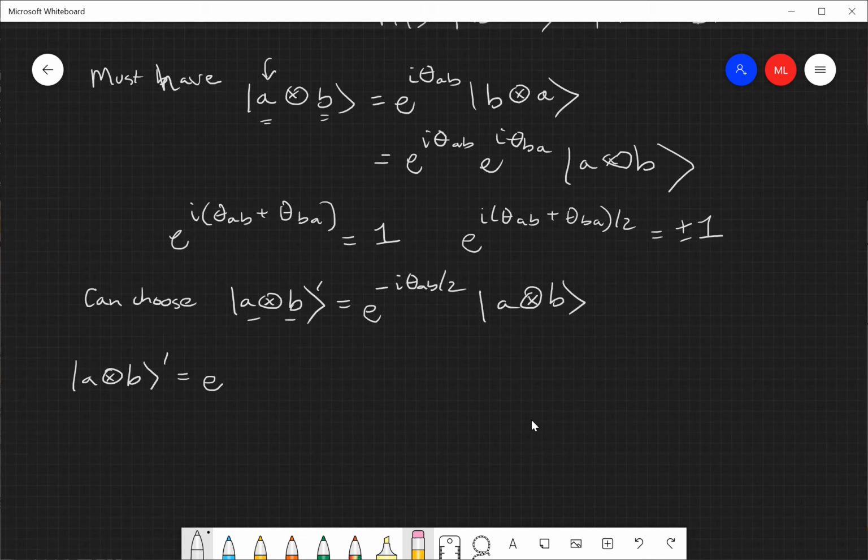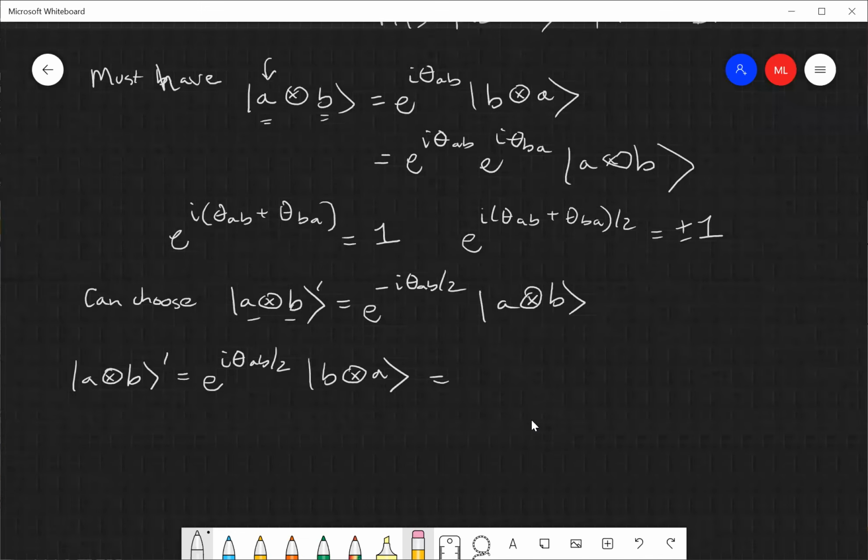So that combines with this theta AB over 2 to give me e to the i theta AB over 2 with a plus sign, with these things flipped. And then I can rewrite this in terms of this definition with the prime.